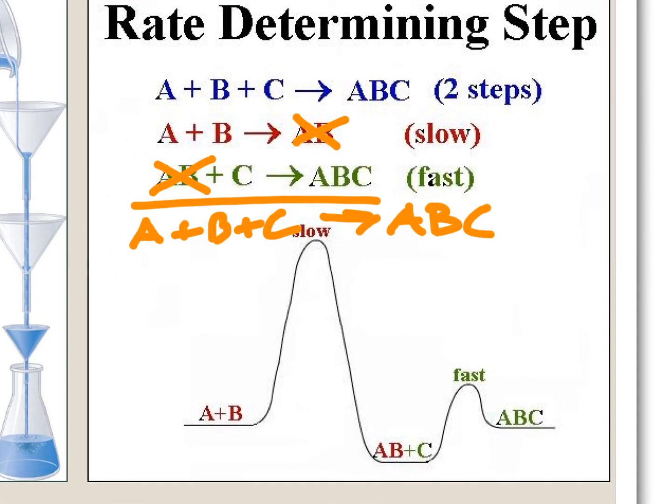Now the rate determining step, my slow step, has been identified for you, and most of the time it will be. So if this is told as your slow step, we can see why. Notice the activation energy required for A to hit B. This takes so much time that the time that this takes is negligible.